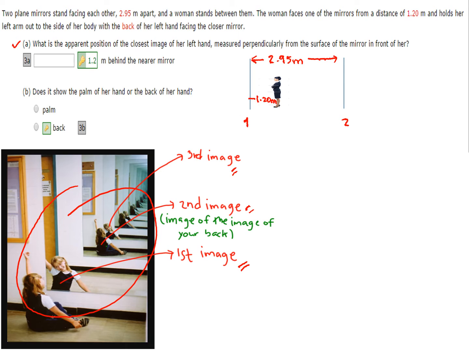To answer this question, we must always remember that for flat mirrors, the distance of the image at the back of the mirror should be equal to the distance of the object in front of the mirror.